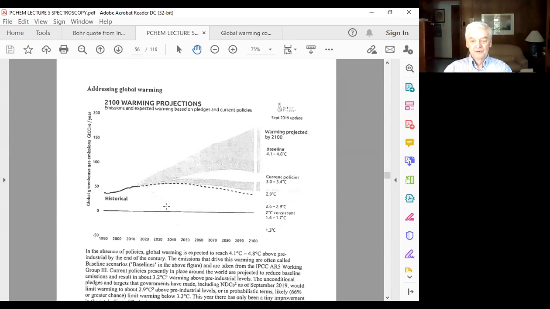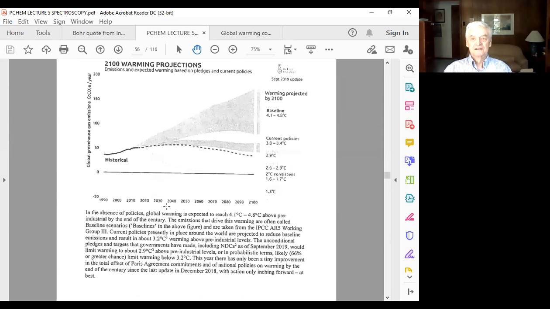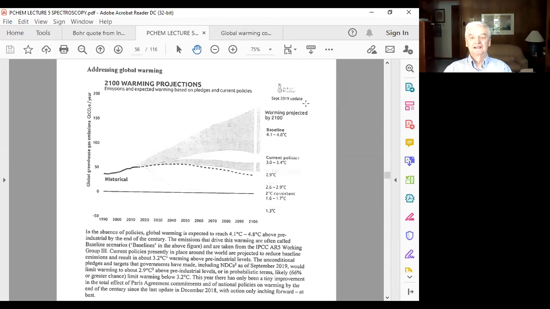I don't remember from what year this is. Okay, September 2019 that this was done. So these are warming projections that we've had. In general, most people have thought that we've had something like 1.3 degrees centigrade global warming over the last century or so.